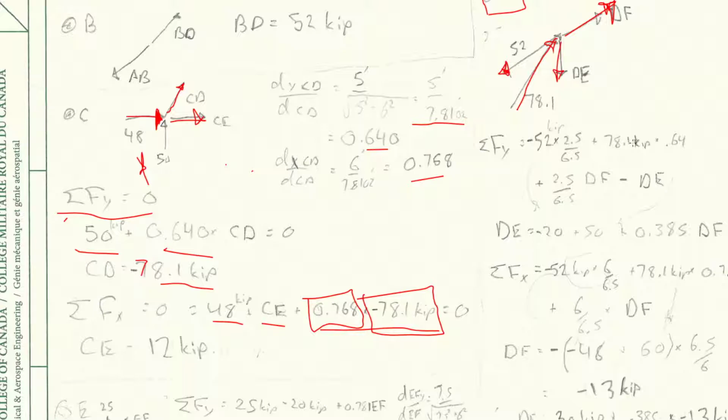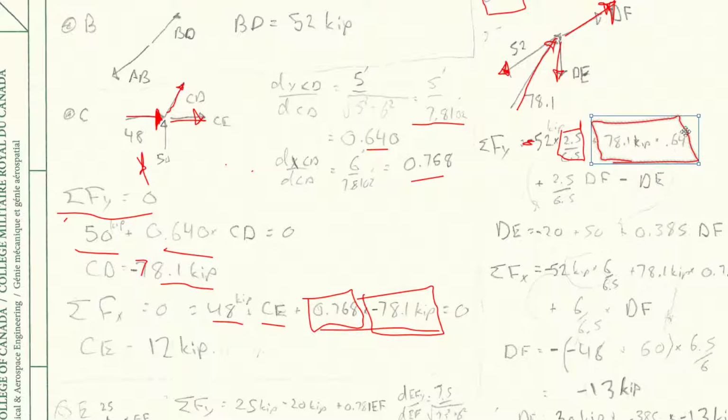So the sum of the forces in the y direction. We got our minus 52 here, because this thing's acting downwards, and then just times the unit vector component for that, and then we've got our 78.1 kip. That'll be a positive force in the y direction.